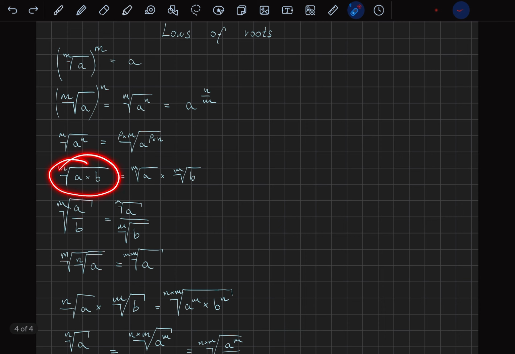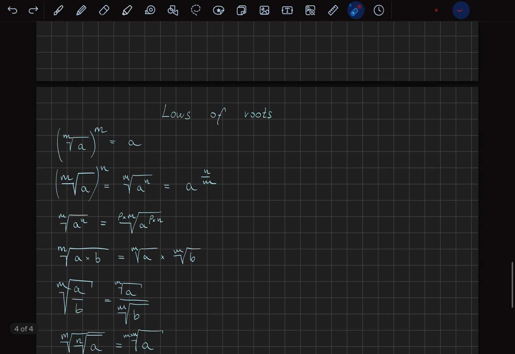Okay, this is what we use here. If I have a multiplication under the root, we can just open it into two roots and multiply them.